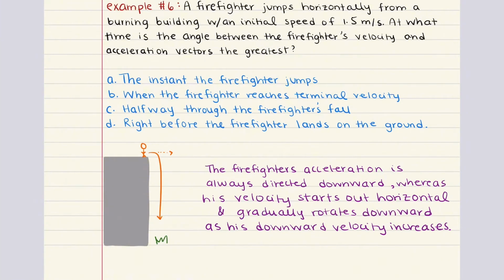Now, when the firefighter jumps, the initial velocity is entirely horizontal, and there's no vertical component to the velocity. However, gravity immediately begins to accelerate the firefighter downward, introducing a vertical component to the velocity that increases over time.